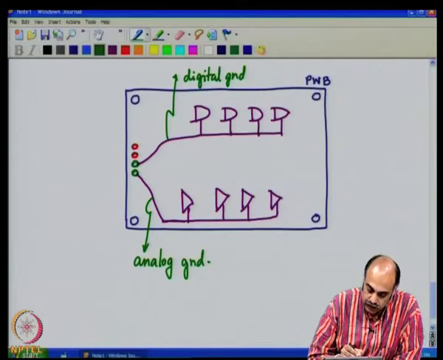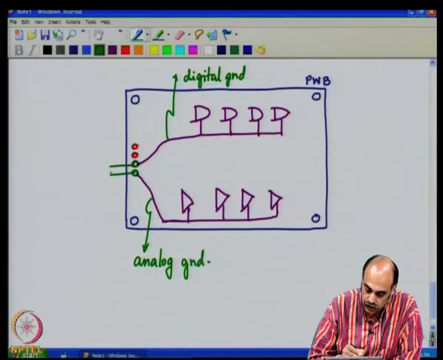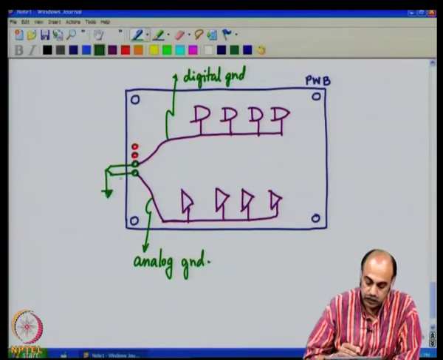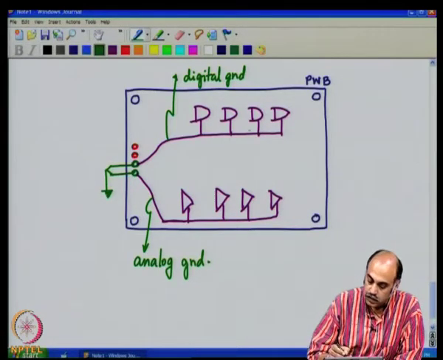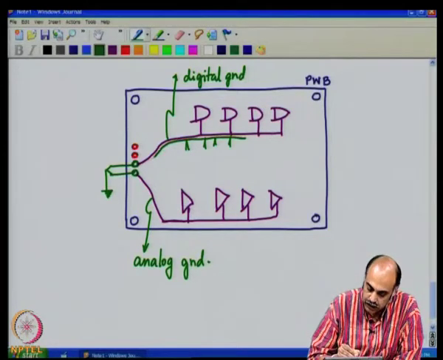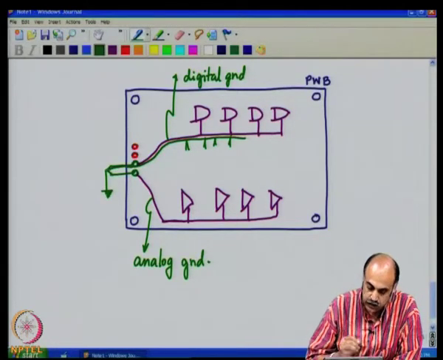You need to connect it at the most stable point, which is at the entry point to the PCB or further out. Now, at this point you see that all the digital current spikes, the spiky currents will flow only in these parts of the line and get to this point.